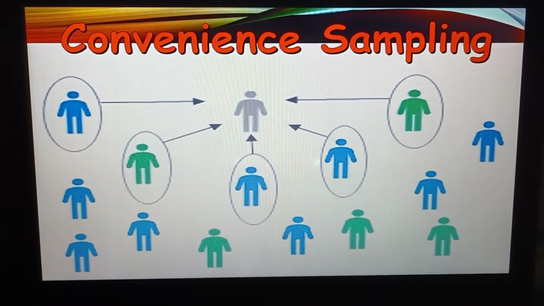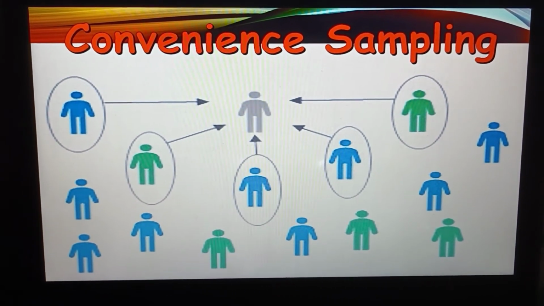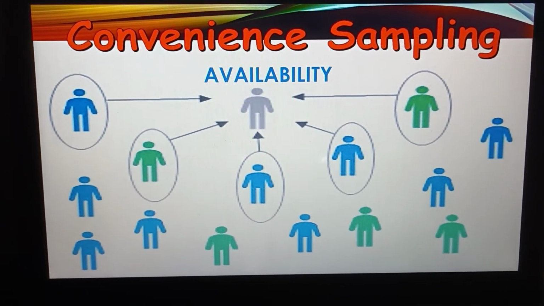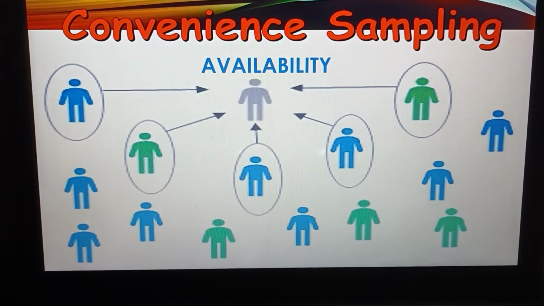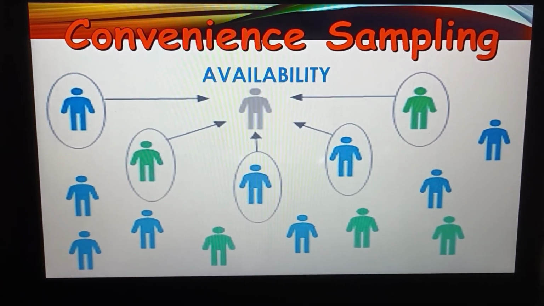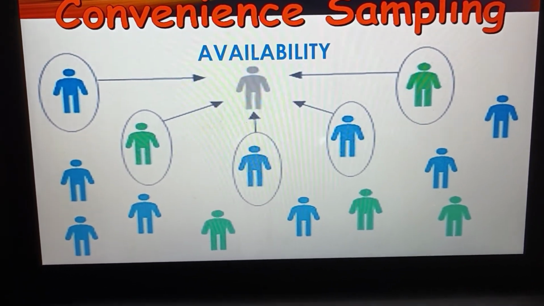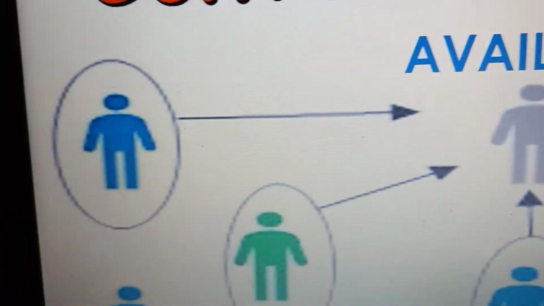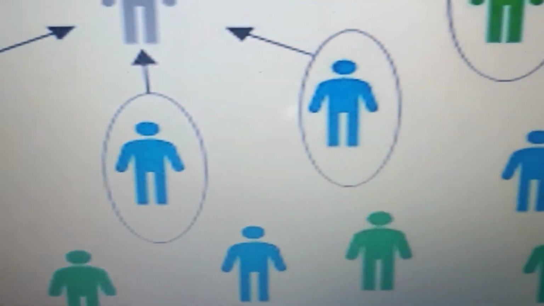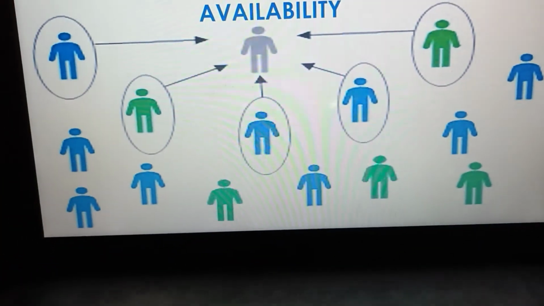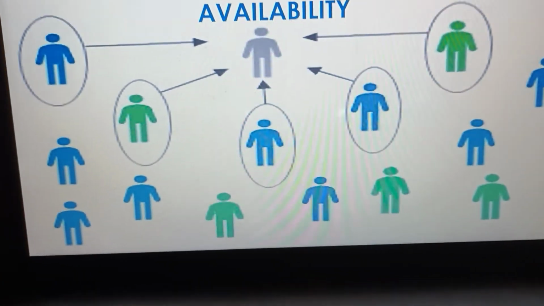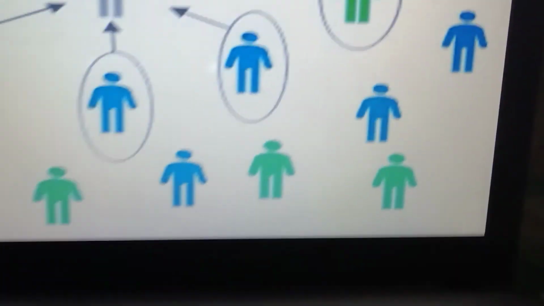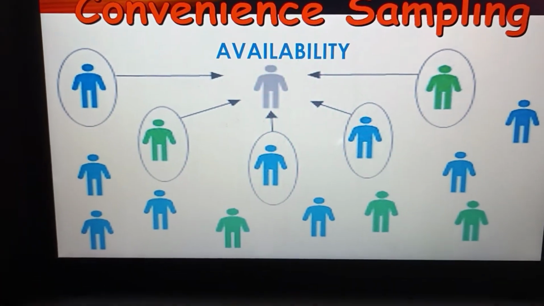And the last, we have the convenience sampling technique. It is convenient to the researcher, depending on their availability. As a researcher, you will only select those who are nearest to you, and those who are farther will not receive any survey form.